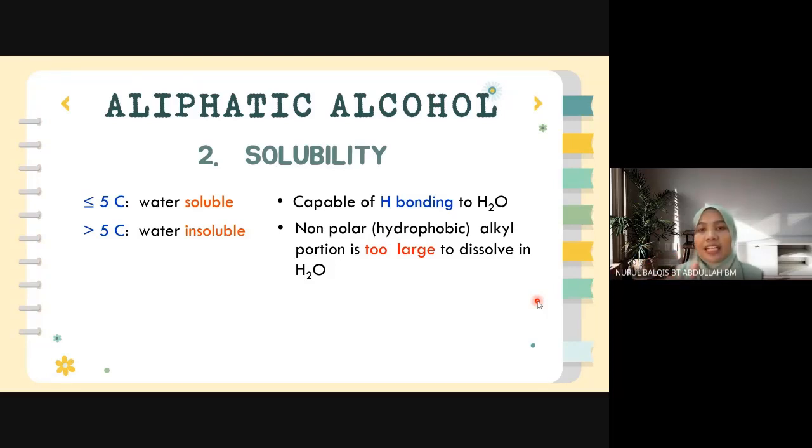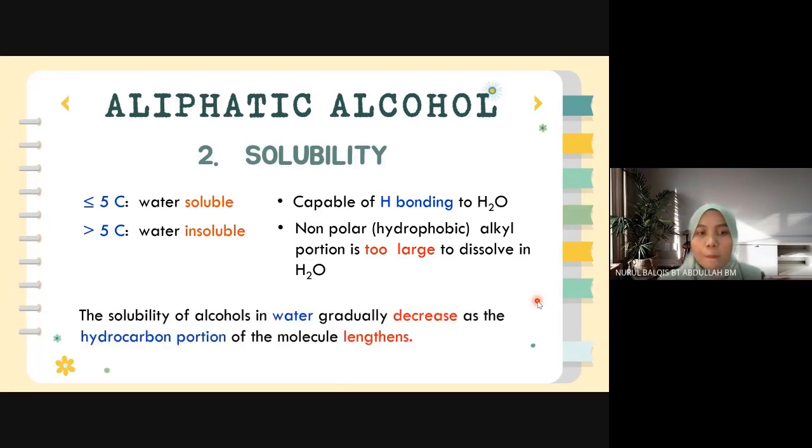Okay, dia ada limit dia juga. So dia bagi dalam 5 carbon, okay, itu maksimum dia boleh buat dengan satu water molecule contoh. Kalau dah lebih pada tu, maksudnya dia ada satu part yang kita panggil hydrophobic, dia phobia dengan air. Bila dia phobia dengan air, dia tak nak dissolve. Okay, ni contohnya lah. The solubility of alcohol in water gradually decrease as the hydrocarbon portions of the molecule lengthen sebab hydrophobic area ni.